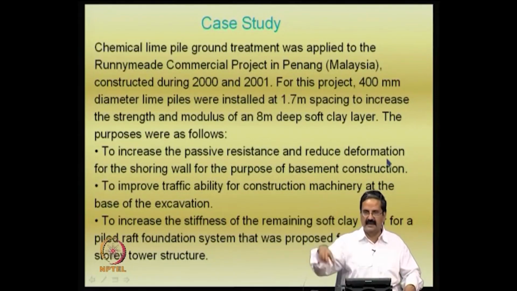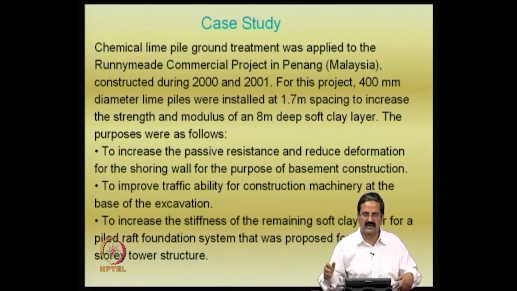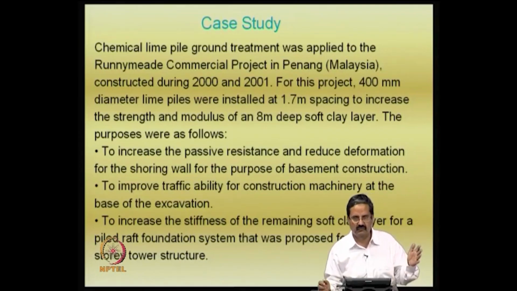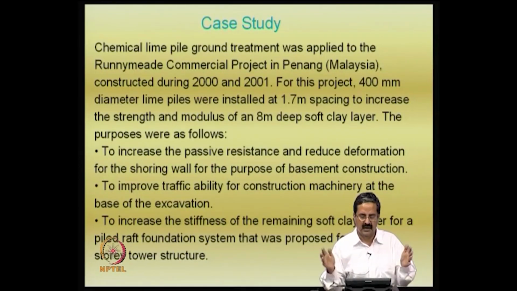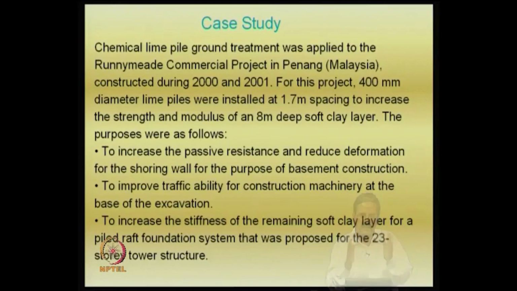The lime piles increase the passive resistance. Passive resistance is like, you know, when there is a reinforced soil, it reduces the movements, it restrains the movement of the soil in a passive way.